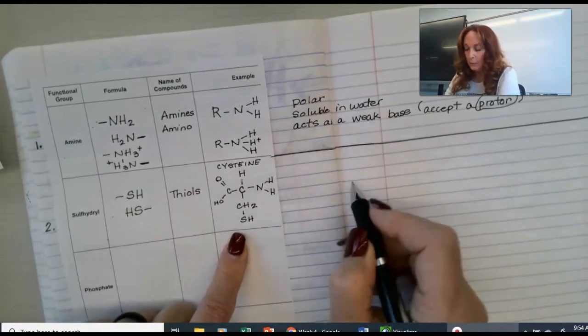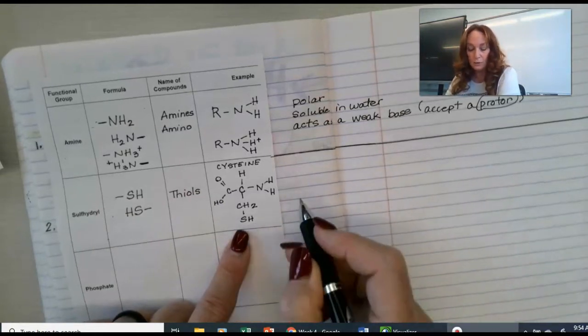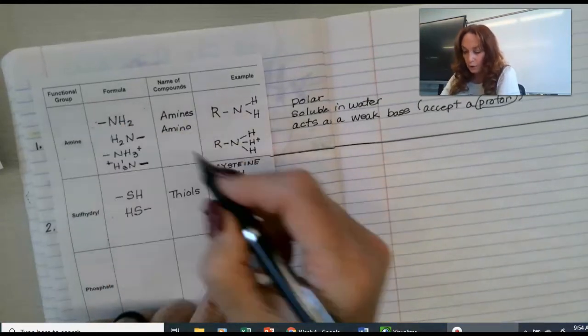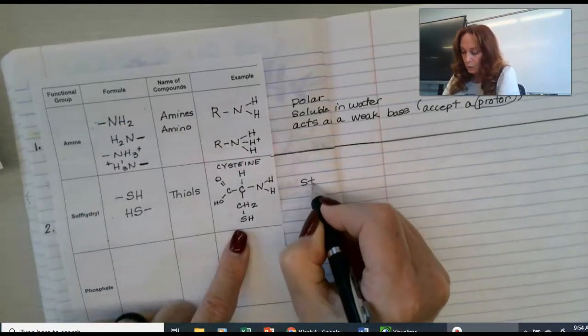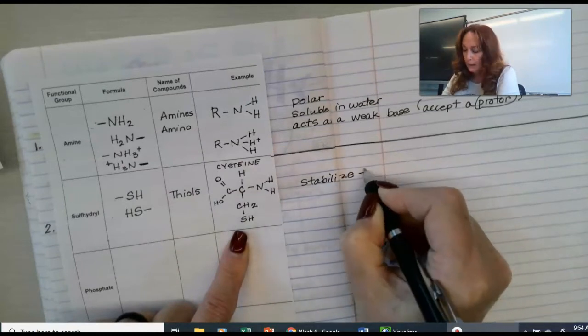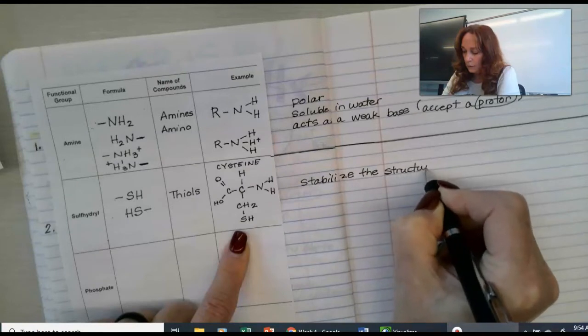And now let's put what you actually get as a result of having this SH group. This functional group SH is going to stabilize the structure of proteins.